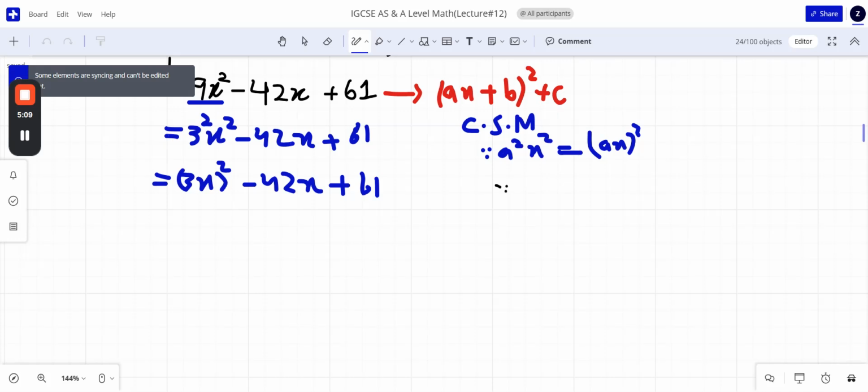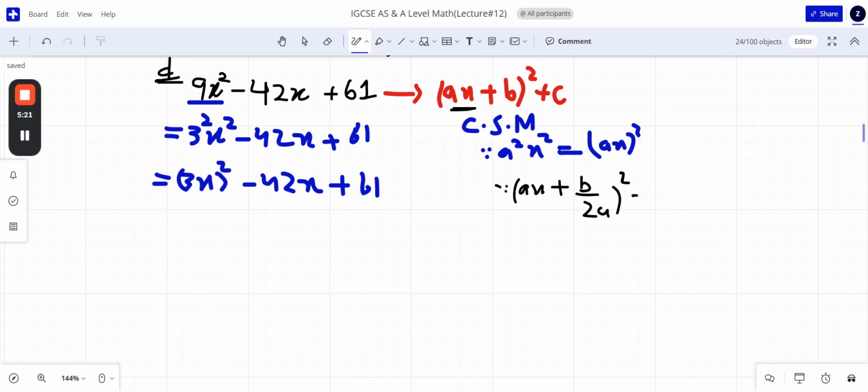The required form is ax, so we will not factor out the a. For this condition, the completing square formula would be (ax plus b over 2a) whole square minus (b over 2a) whole square. So what is b? b is the coefficient of x, which is minus 42.